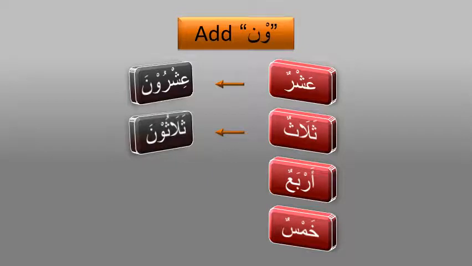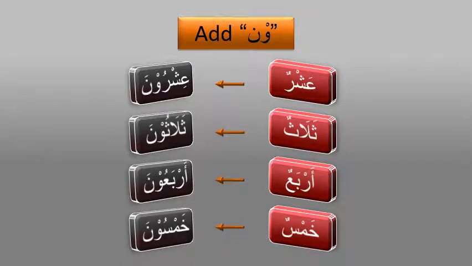Then we take thalathun and add una at the end, we get thalathuna. So thalath is 3, and thalathuna is 30. Then we have arba'un. We added una at the end and we get arba'una. So arba'un is 4 and arba'una is 40.